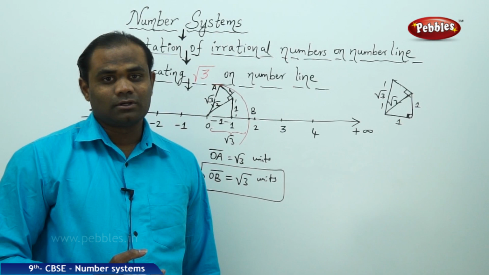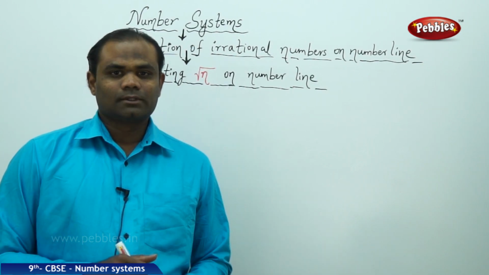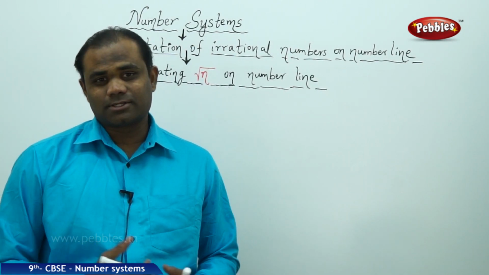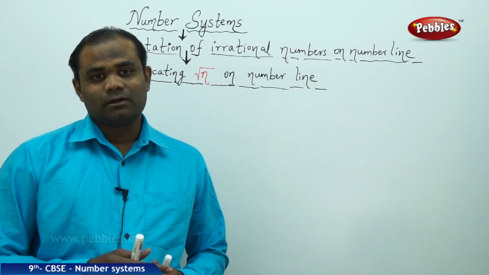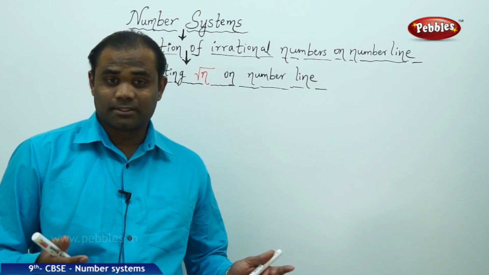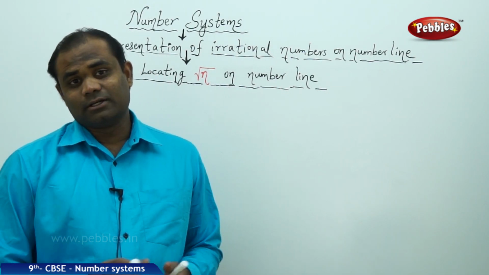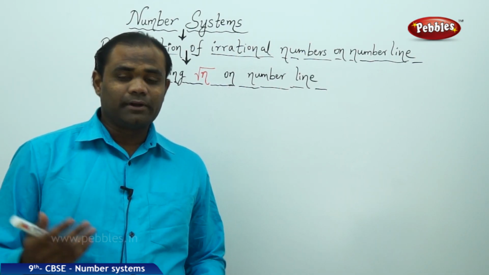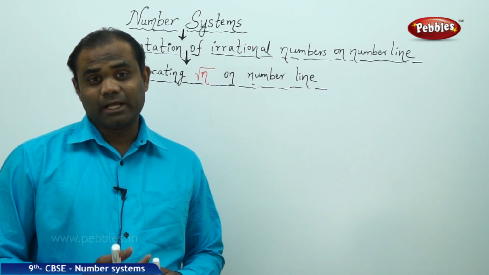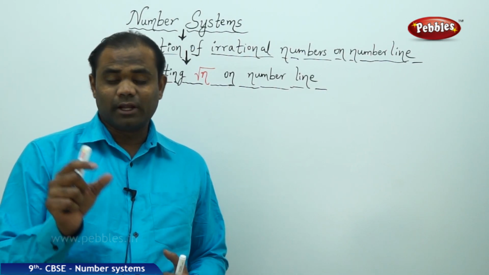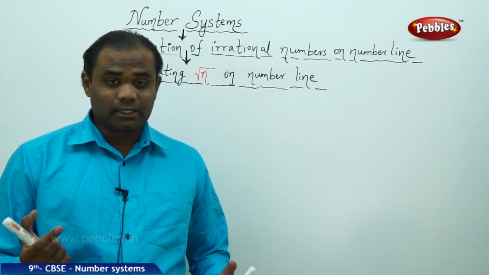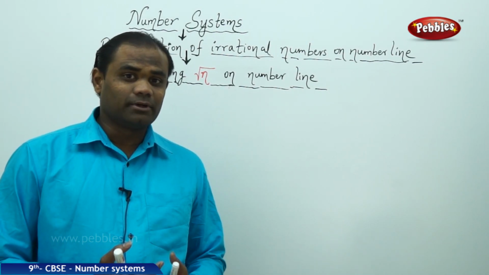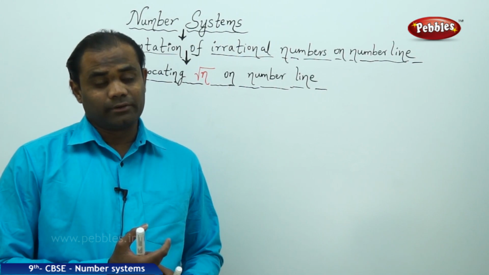Rational numbers on real number line. Now that we have seen the process of locating root 2 and root 3 on the number line, what about root 5, root 6, root 7, root 8, or other square roots which can be represented on the number line? Is it that only root 2 and root 3 can be represented on the number line, or can every irrational number be represented on the real number line?